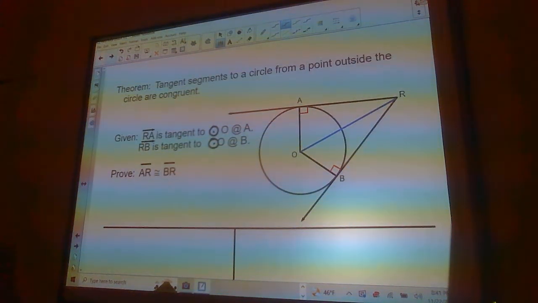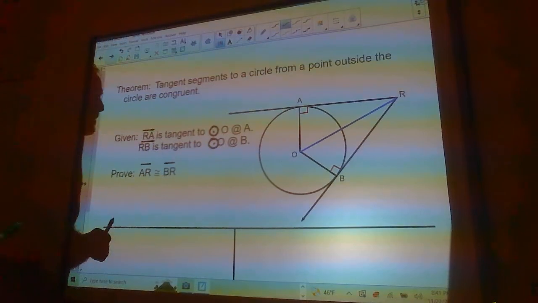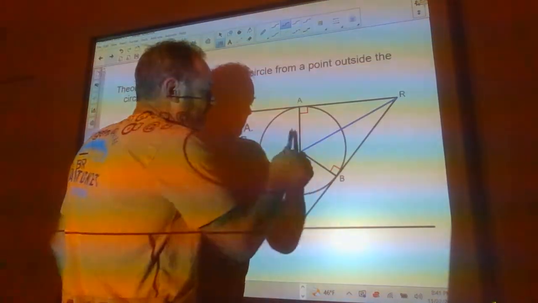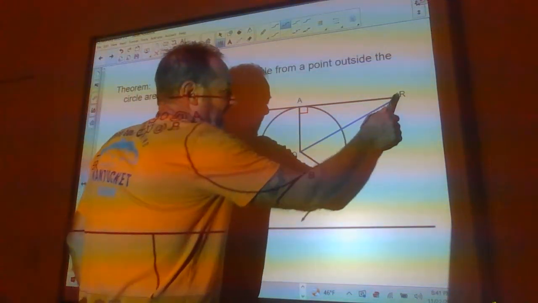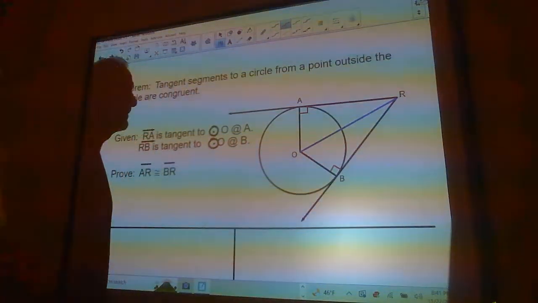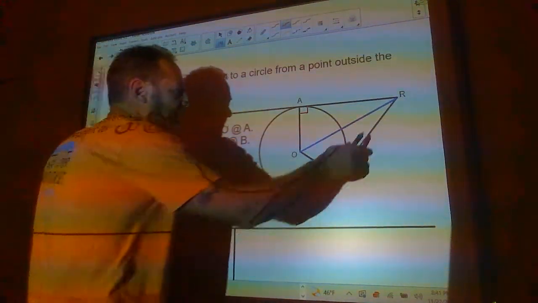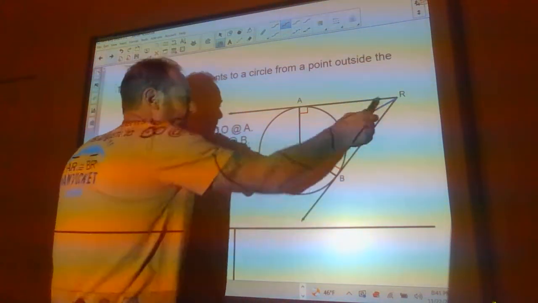Tangent segments to a circle from a point outside the circle are congruent. What that means is I've got this circle, and I pick some random point outside the circle, and I draw a ray from that point on both sides of the circle.